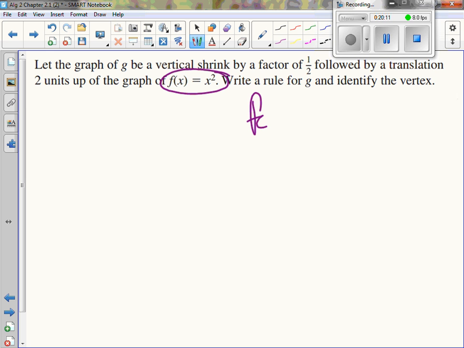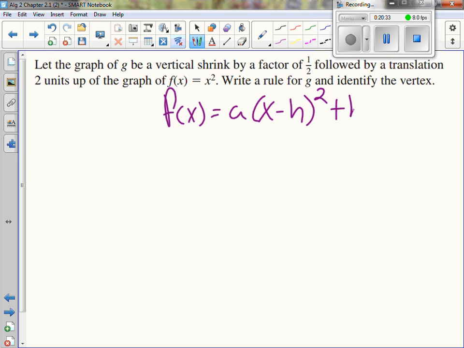If it had been something like 2x squared minus 3x, we can't do the steps we're doing here. But since we just have f of x equals x squared, it's fine to do this. A, H, K.